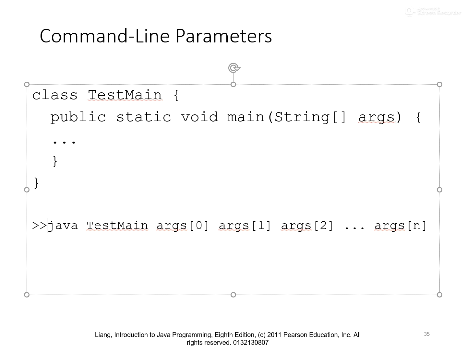So this means that you can take arguments, you can take some kind of information from outside the program, and you can receive it when you start executing your program, and you can do stuff with it. It can be a file name, it can be a number, it can be anything.